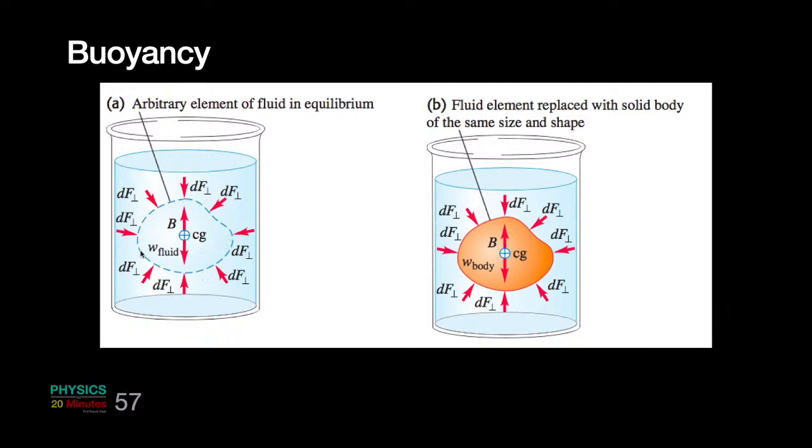This is an arbitrarily shaped, arbitrarily sized liquid element. Also, remember our assumptions. Our first assumption is the liquid is at rest. We are dealing with static situations only. Remember the second assumption. The liquid density remains unchanged.